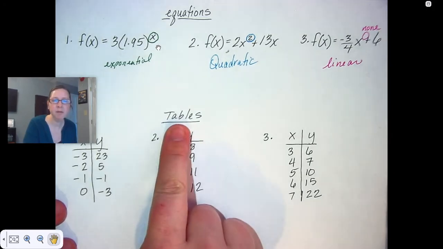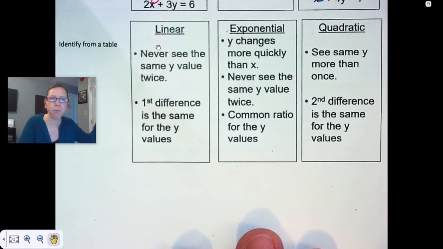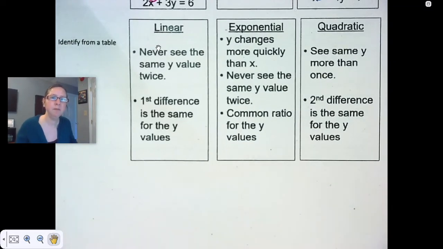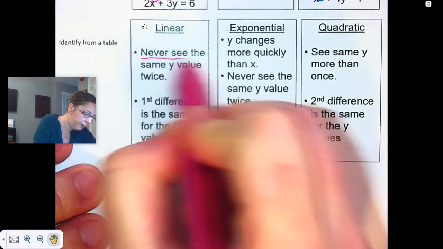Our next step is how do we determine from a table? Okay, so let's zoom back in. So from a table, we can identify if it's linear if you, for one, never see the same y value twice.